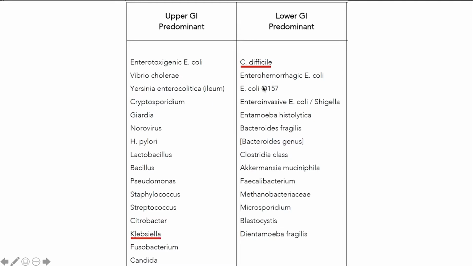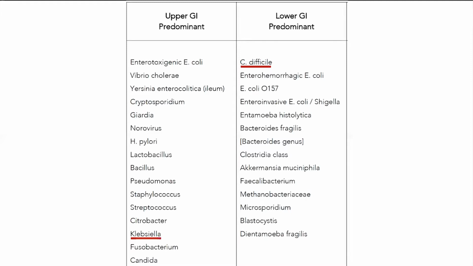Not all species or groups are known in terms of research that's available on where their predominance is. And in other cases, they may be prevalent in both. But for both of these groups here, research supports that they're predominant primarily either in the upper or the lower GI tract.